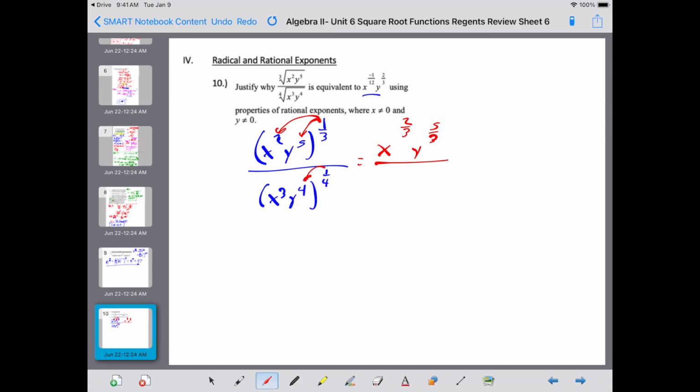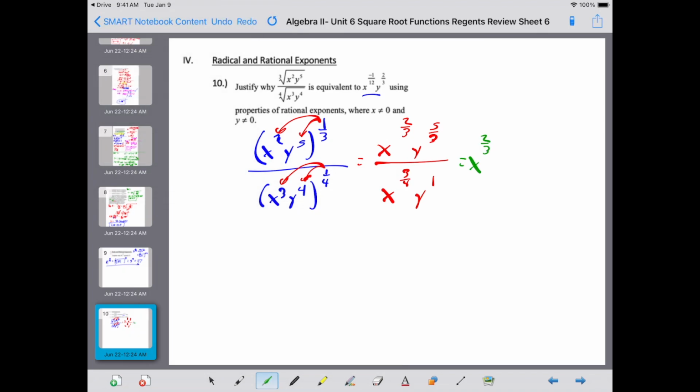Same thing goes for this. X to the 3/4, y to the 4/4. If you want to simplify, you could simplify. It looks like most of them are simplified except for that one. 4/4 is just 1. Now, you have common bases, right? And you're dividing, so you could use your quotient law. So, with the common bases, you just subtract exponents.